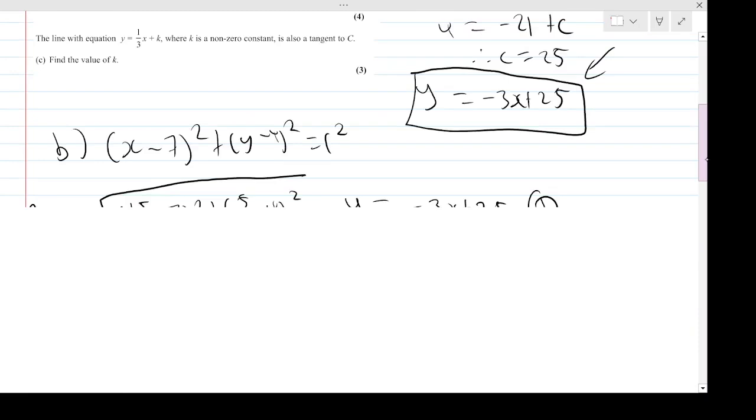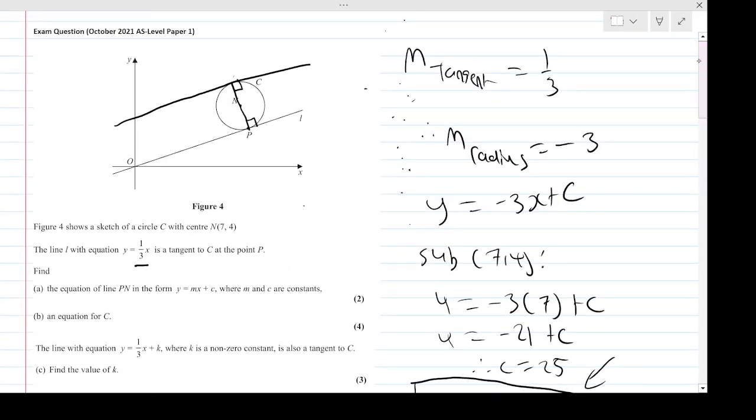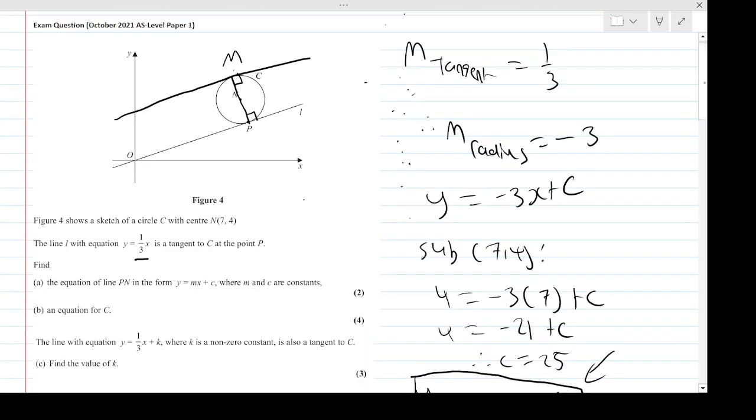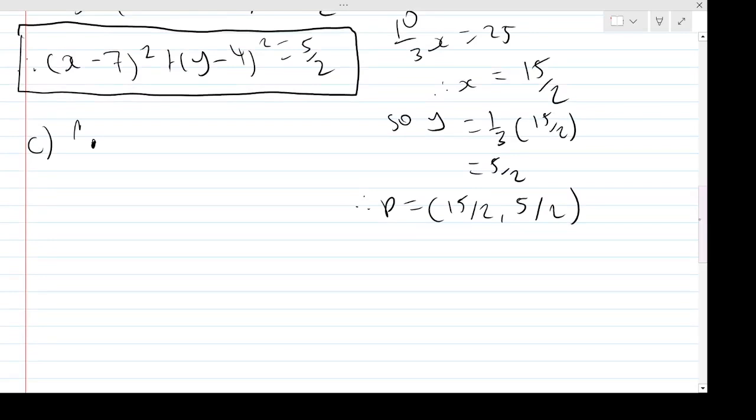So let's call this point here M, which is the intersection with the other tangent, which we're interested in, and then the point N. Well, because this is a diameter, the midpoint is the centre.